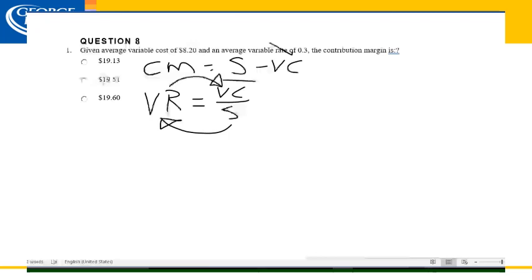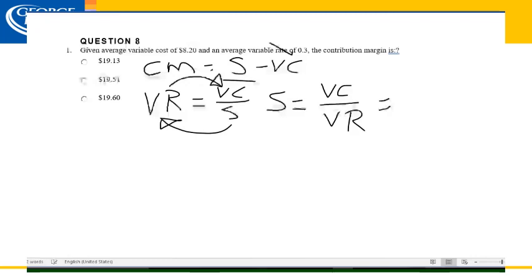So it looks like our sales are equal to our variable costs divided by our variable rate, both of which we have. So our sales are equal to our variable costs of $8.20 divided by our variable rate of 0.3, or 30%.